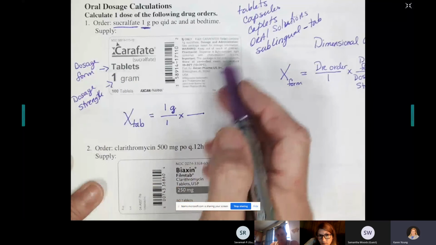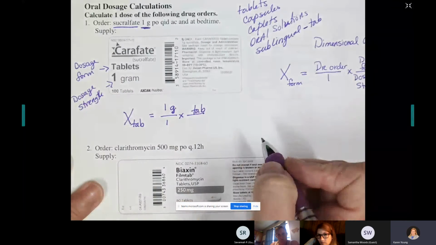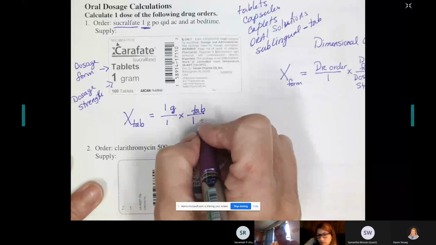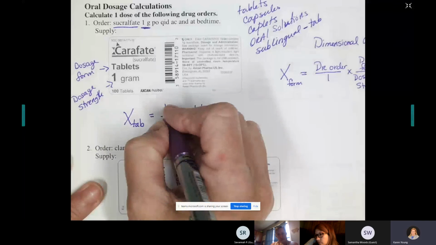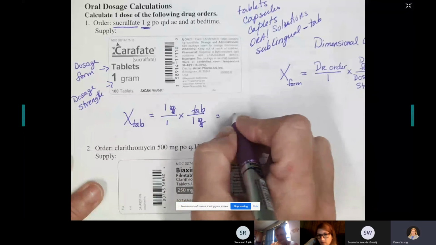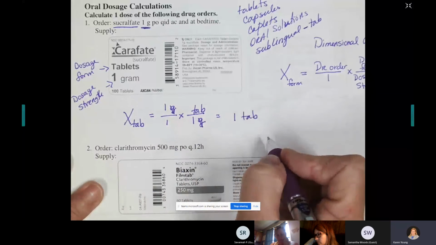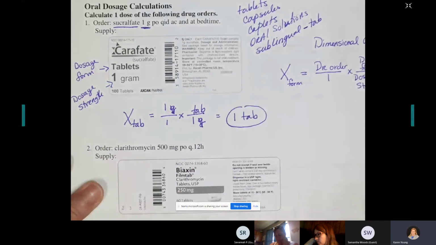So my dosage form, which is 1 tablet, I'm just going to put tablet. And then over my dosage strength, which is the 1 gram. Then my grams are going to cancel. 1 times 1 tablet gives me 1 tablet. 1 times 1 gives me 1, and if it's over 1, I don't have to worry about it. So my answer is 1 tablet.